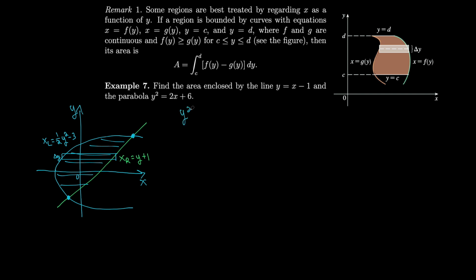So that's y squared equal to 2 times y plus 1 plus 6. All I do is replace x with what x equals, which is y plus 1 when you add 1 to both sides. So then I get y squared minus 2y minus 8 equals 0. So that means y plus 2 times y minus 4 equals 0 when we factor.